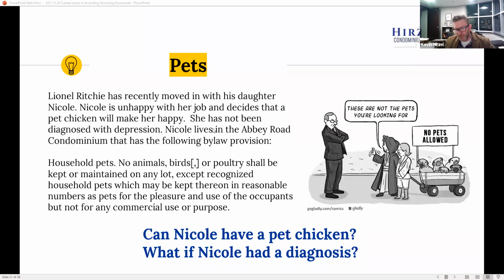I'm not saying that would be successful or not, but the use of terminology can sometimes be harmful if it opens the door to allow people to have animals that you may not want or expect an individual to have. Goats fall in this category, believe it or not. Pigs fall in this category. Those are animals that have sometimes been tried to be recognized as ordinary household pets.